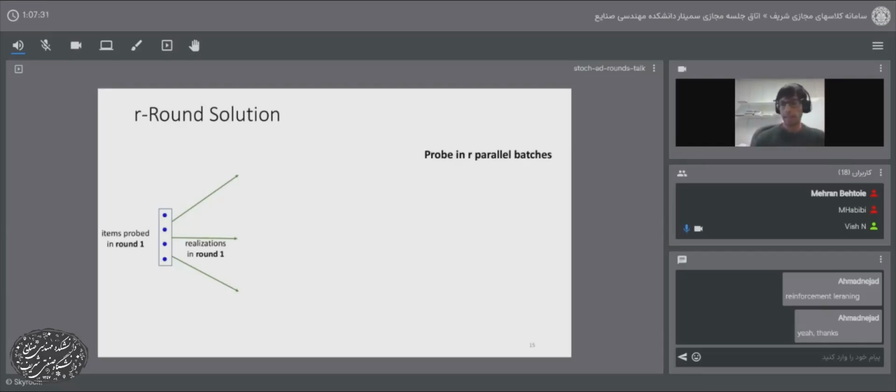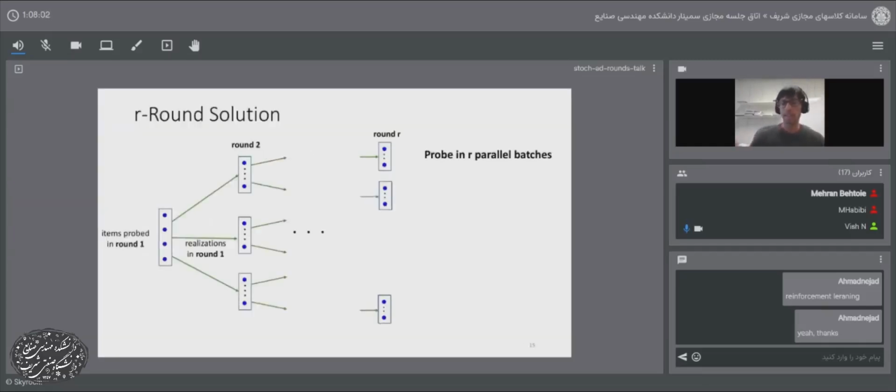So in an R round solution, we are going to have just R parallel rounds or parallel batches. So in the first round, we are going to select some set of items and probe them in parallel and observe all their realizations. And based on those realizations, we will identify a second subset of items to probe. That's what we will do in round number 2. Based on those observations, we'll go to round number 3 and so on.